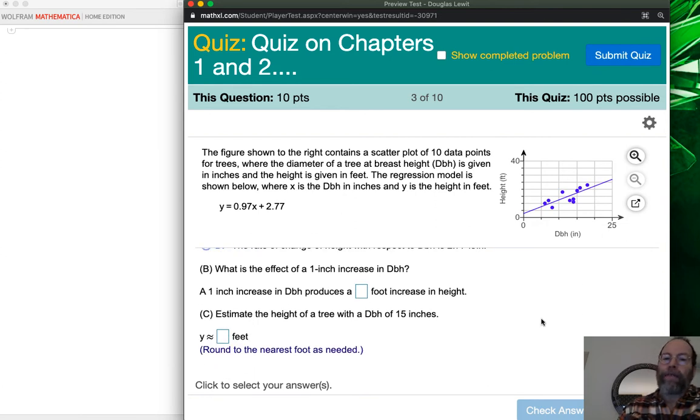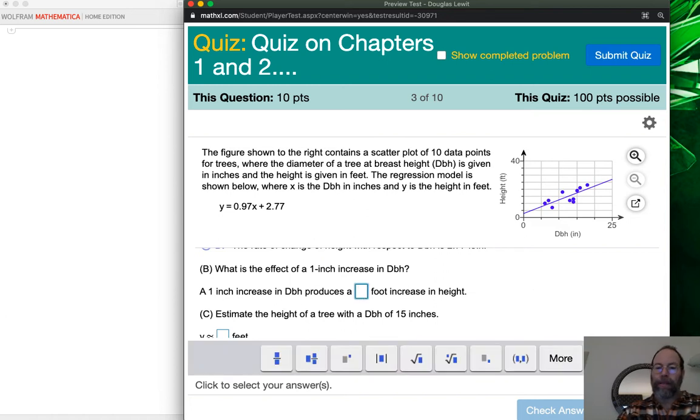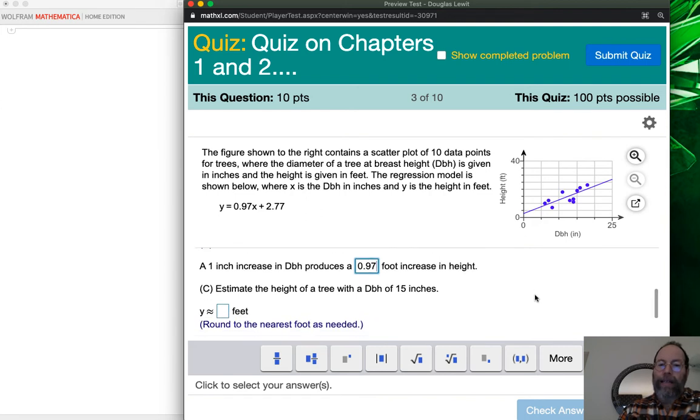What is the effect of a 1-inch increase in DBH? A 1-inch increase in DBH produces a 0.97 foot increase in height. Estimate the height of a tree with a DBH of 15 inches.